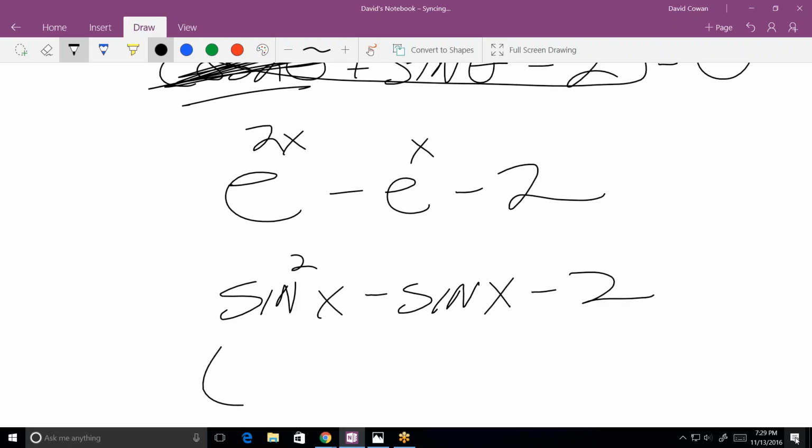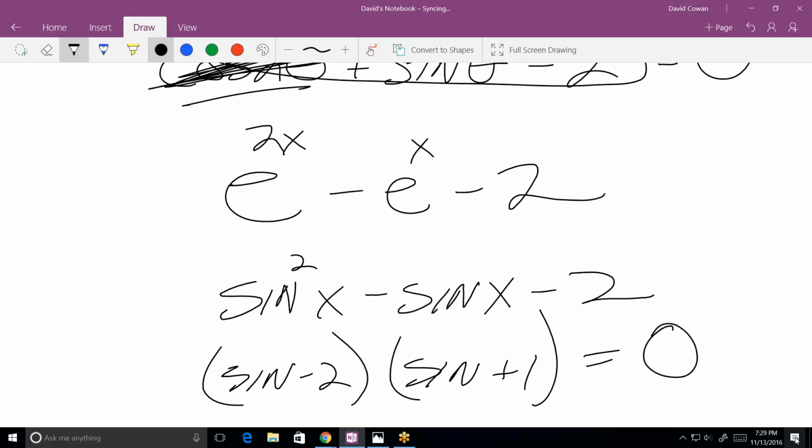This one factors: sine minus 2 times sine plus 1. Set it equal to 0, now you can solve it. That one has no solution. Sine is never equal to 2. And make sure you throw out the ones that don't make any sense.